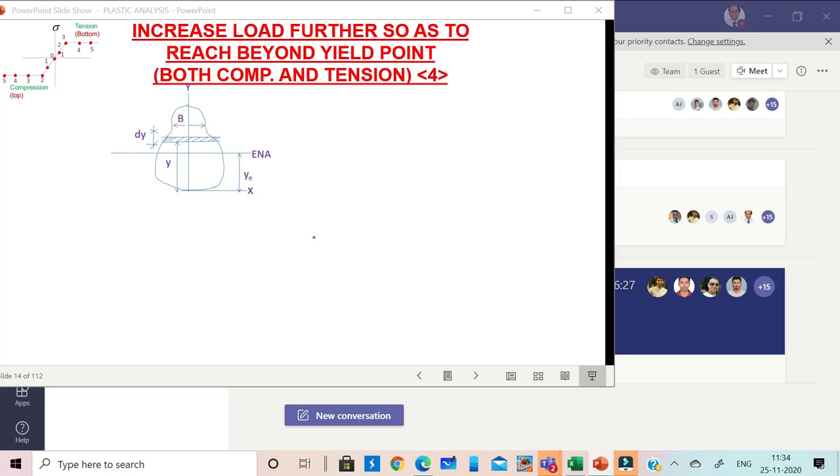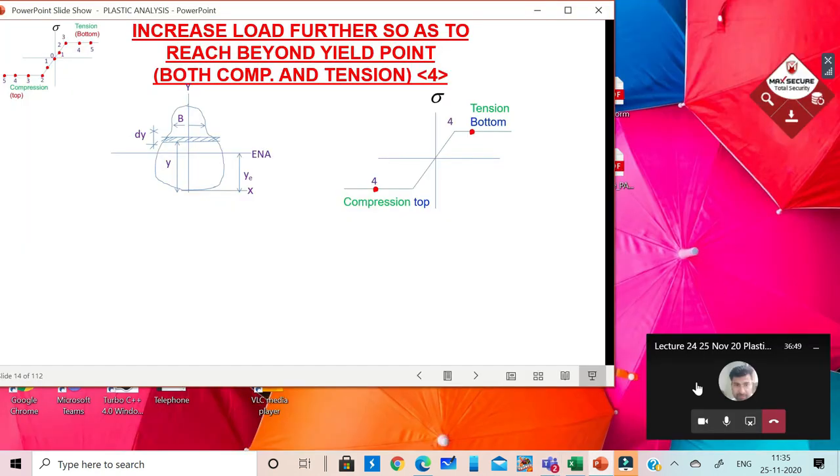Now we stress the beam further, we increase the load such that we are now going to point number 4. So what is point number 4? Point number 4 means that both on the tension and the compression side we have exceeded the elastic limit.